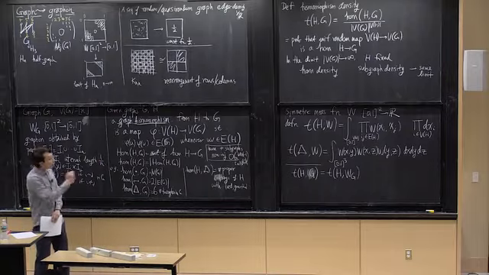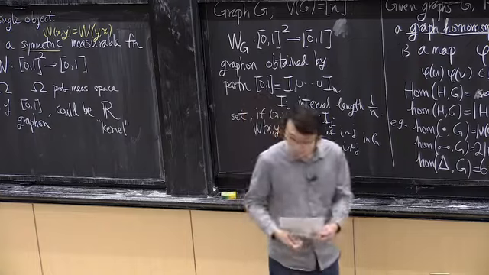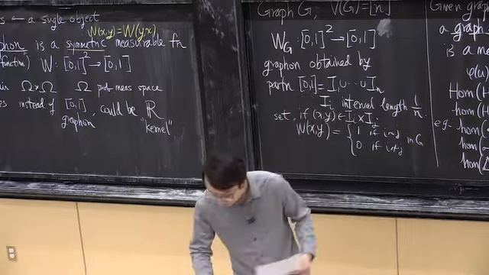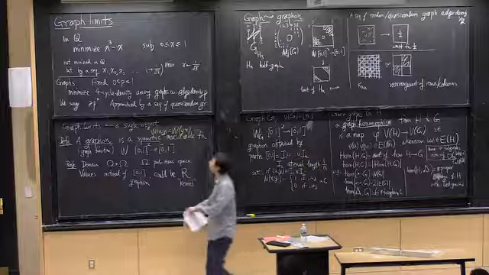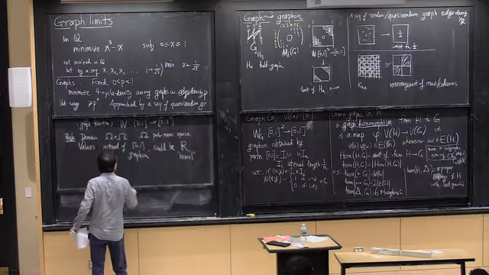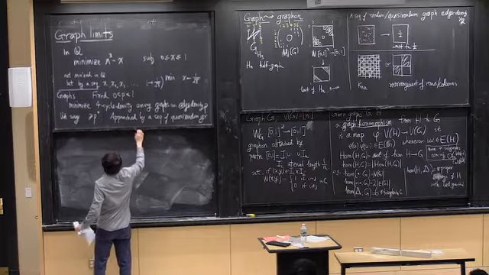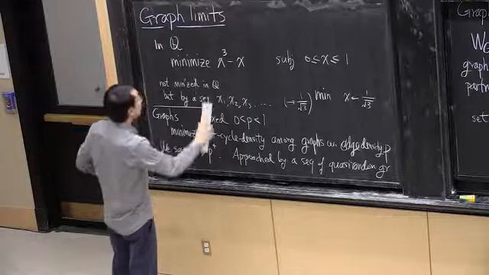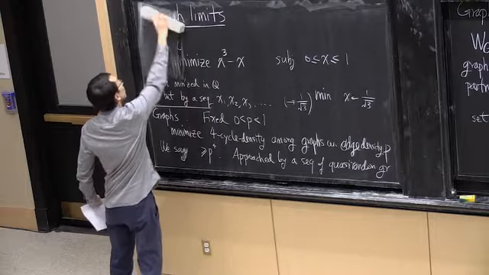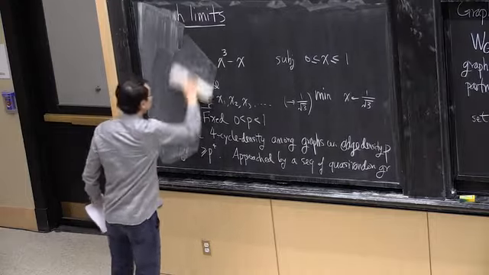So we've given a definition of graph homomorphism density. And we've defined these objects, these graph functions. And I mentioned even something about the idea of a limit. But in what sense can we have a limit of graphs?